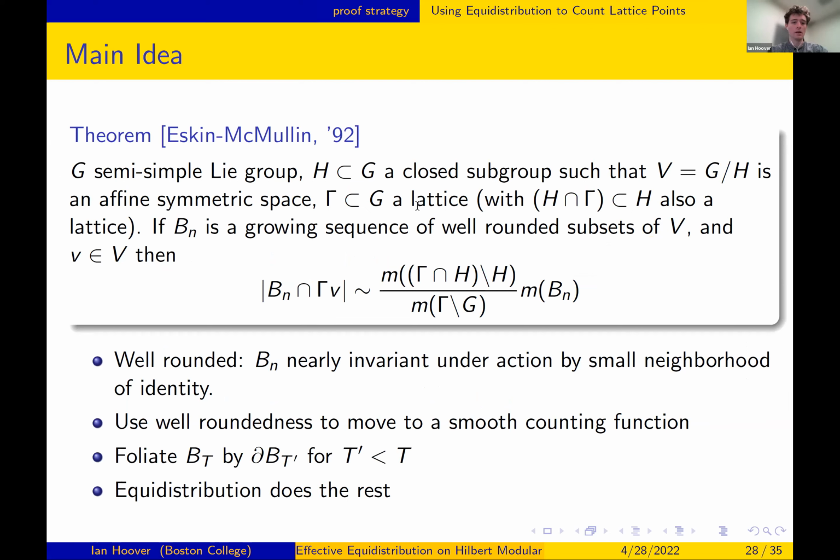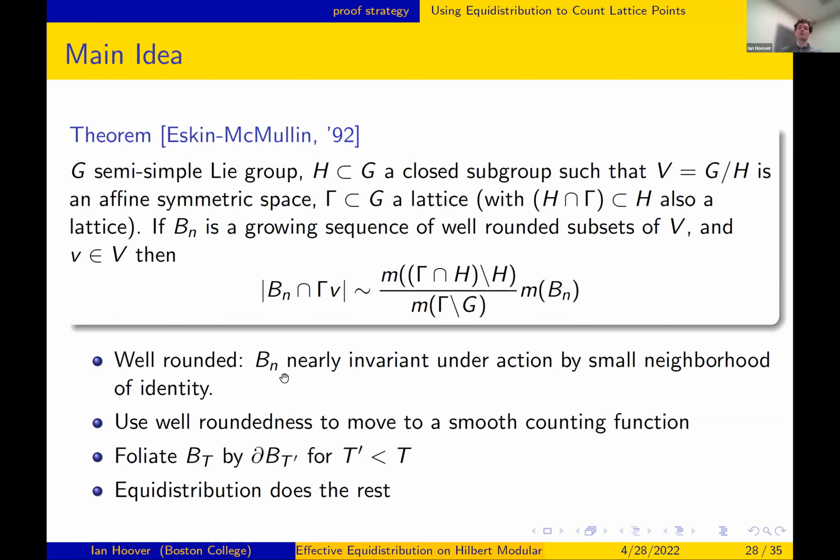Here I'm quoting the theorem of Eskin and McMullen, but also we have the work of Duke, Rudnick, Sarnak, and others. The main idea is that if you have a sequence of growing sets that are nearly invariant under a small neighborhood of the identity, and when you say nearly invariant, if your B_n are not of finite volume, you need to phrase it slightly differently.